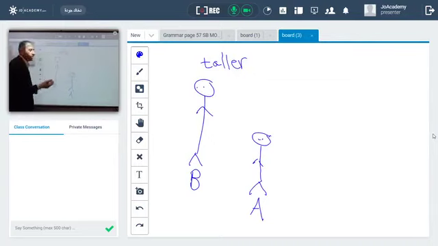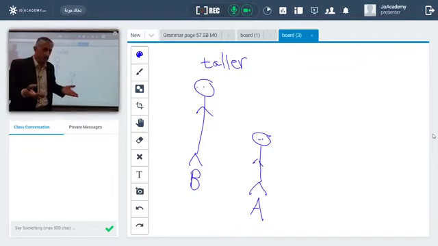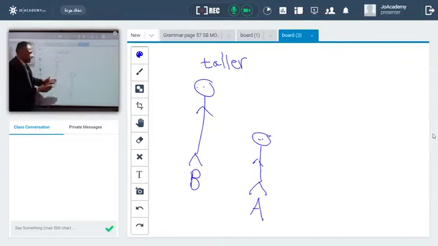So here we are making a kind of comparing between two persons. If I say B is taller than A, that means he is taller than him. Or I can say A is shorter than B. So what do we call this? We call it compare.